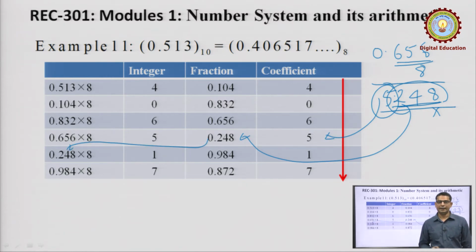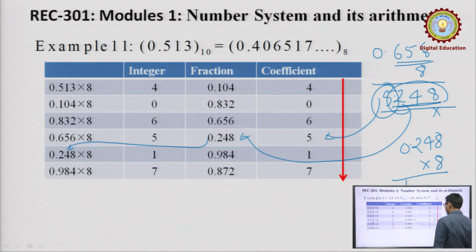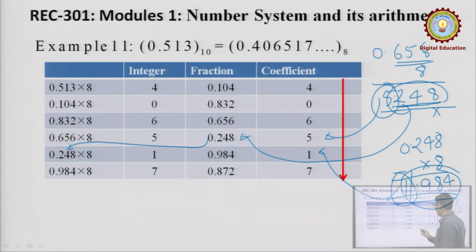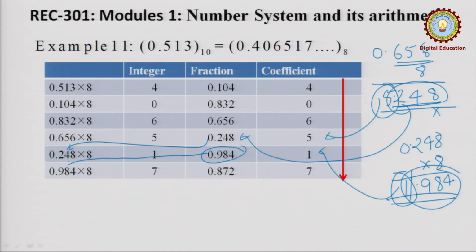Then again we multiply 0.248 by 8 and we get 1.984. Here 1 is the integer and will act as a coefficient, and the fractional part 0.984 will proceed further for multiplication with 8.